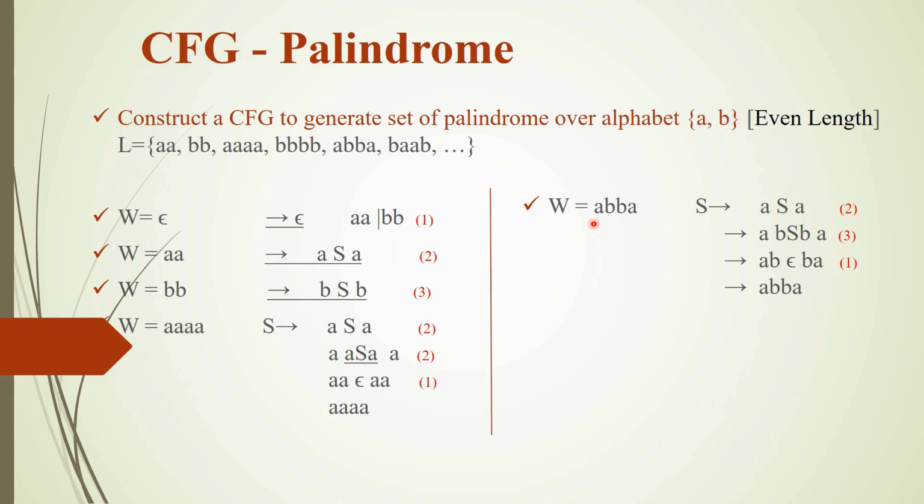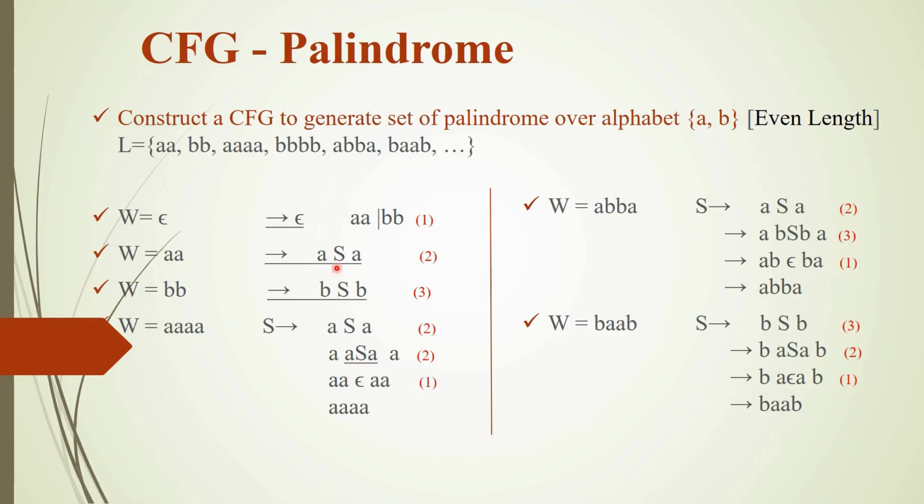Then I substitute S with bSb, and to complete my string I substitute this S with epsilon, which is my first expression. So I take the first expression as reference and substitute S with epsilon, and I get the string I wanted to generate. Similarly, the string baab is generated with the help of the third expression, then the second expression, and then the first expression. I hope you understand.